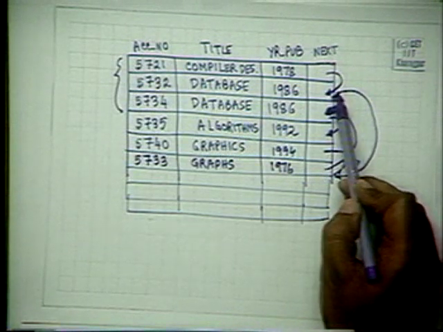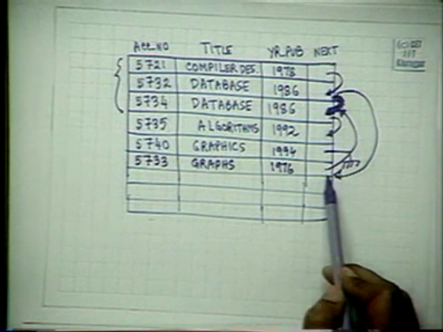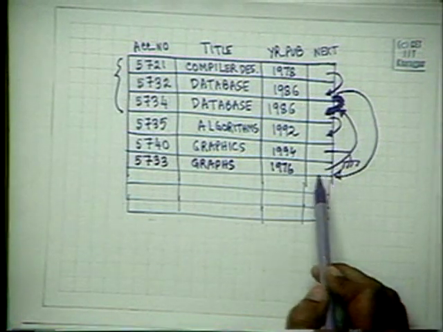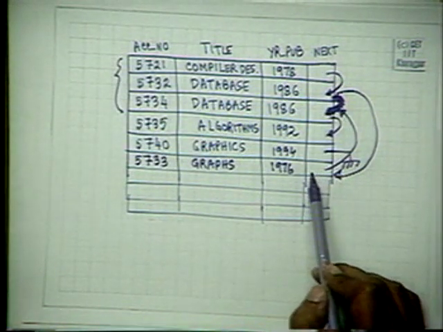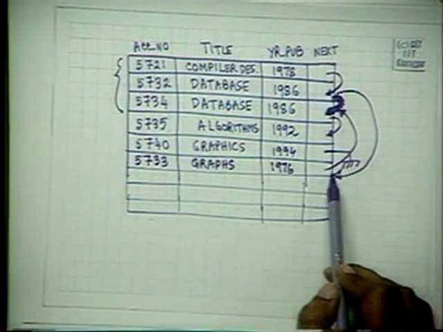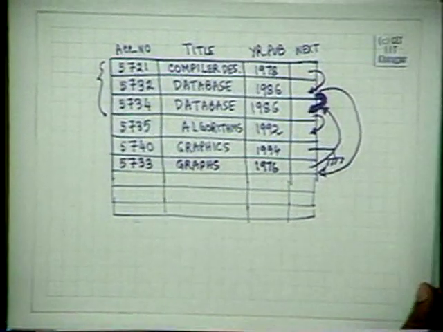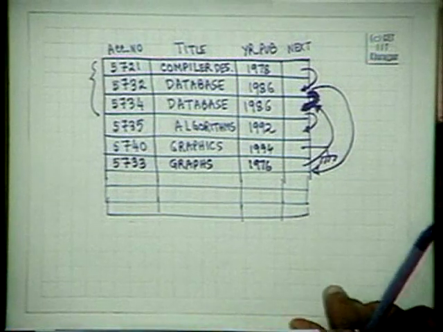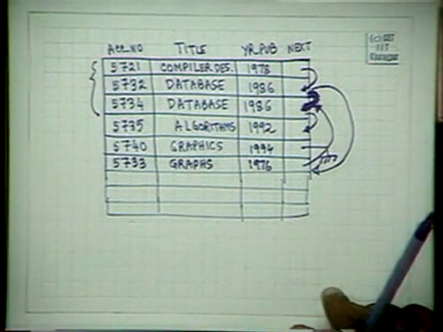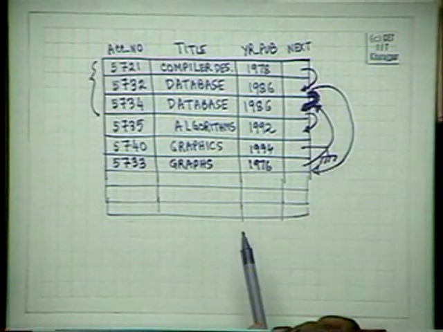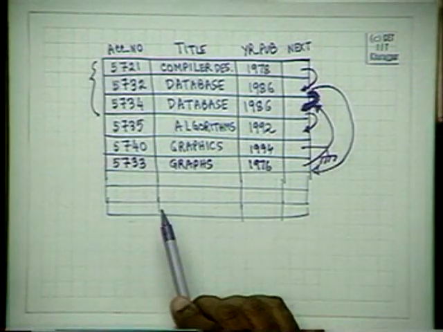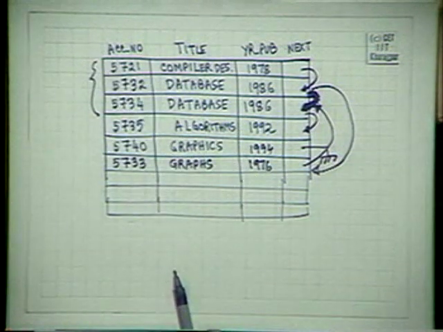In order to access this, you will have to get another block, and in that block maybe you will find this. So the advantage of binary search which we had in a strict sequential file will be slightly lost if we maintain this, but then we will have more advantage in insertion and deletion, and that advantage is drastically better than what we have now. So wherever we insert, we will continuously insert like this.